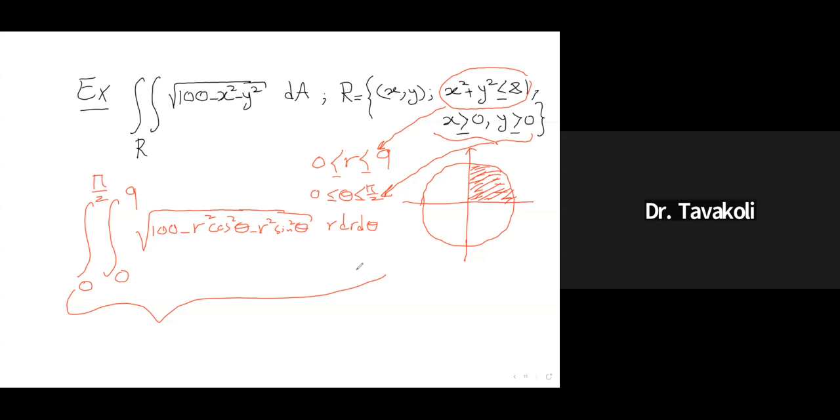Just as a reminder, similar to the previous example, if I factor minus r squared out, cosine squared plus sine squared is 1. So under the radical, I have 100 minus r squared.